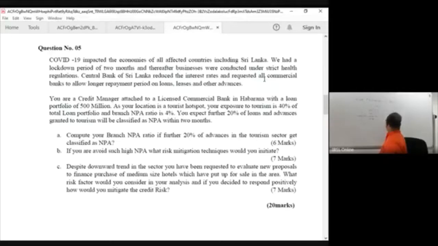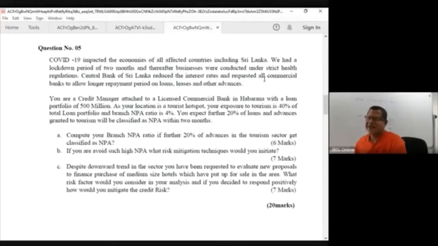You have 20 million. Your NPA will be added by another 100 million. So your NPA ratio will go to 120 divided by 500 into 100. So now your NPA becomes 24%.